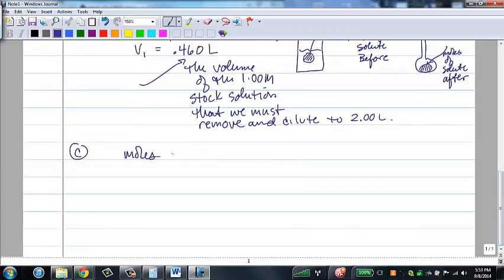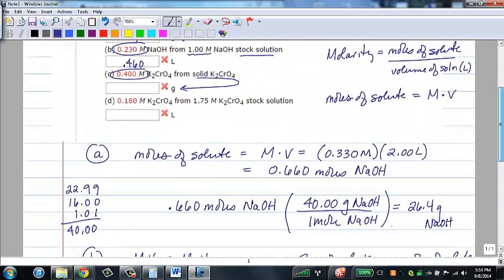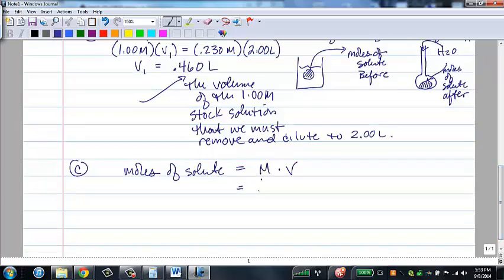The moles of solute needed are equal to the molarity times the volume. The molarity that we're going to be making is 0.4. We're going to be making 2 liters of the solution.